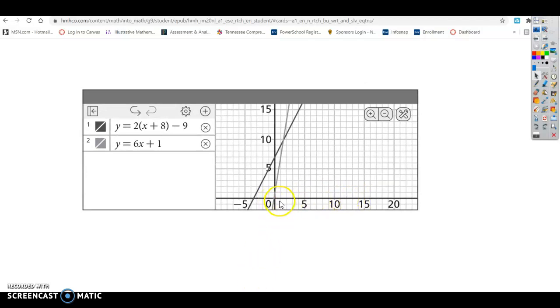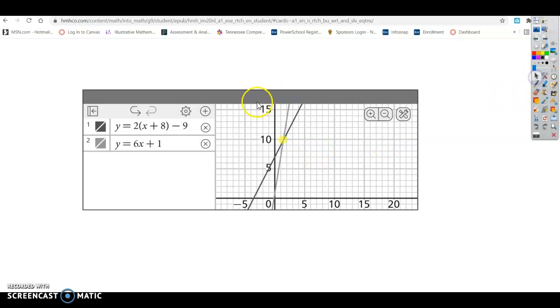This is your x's and this is your y values. If you come over to 1 and you go up, you can see it doesn't cross there, but it does cross at 1.5, which is what we found. So the intersection of these two equations is 1.5.